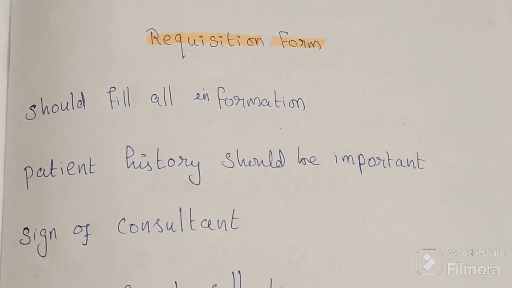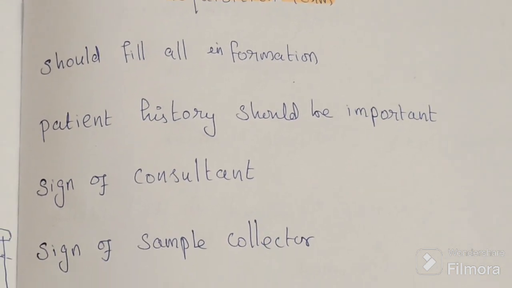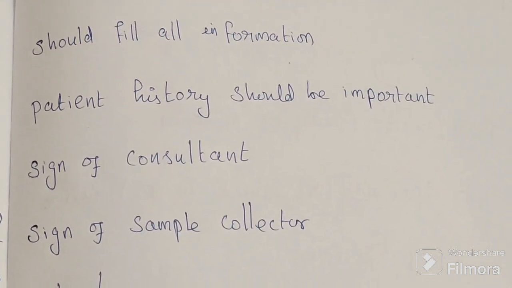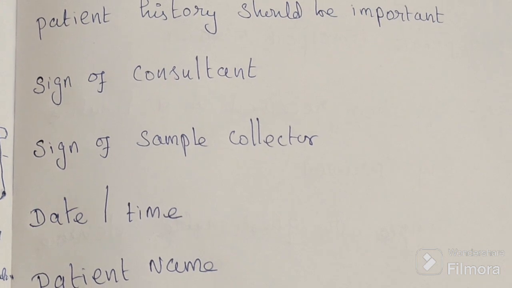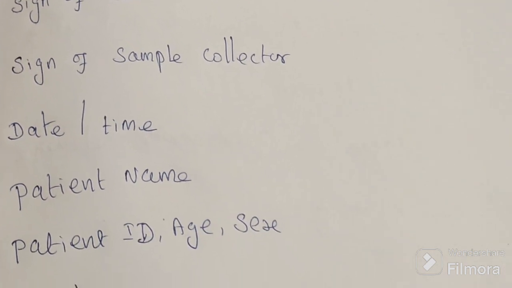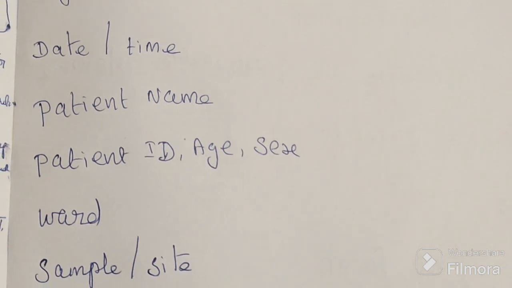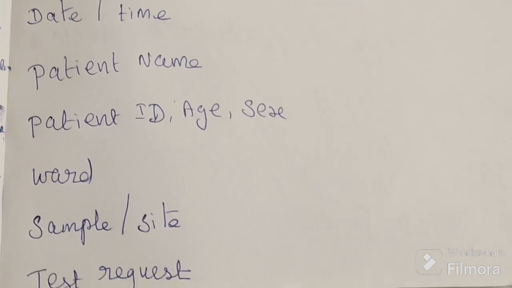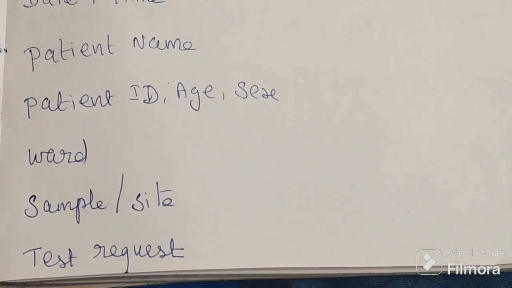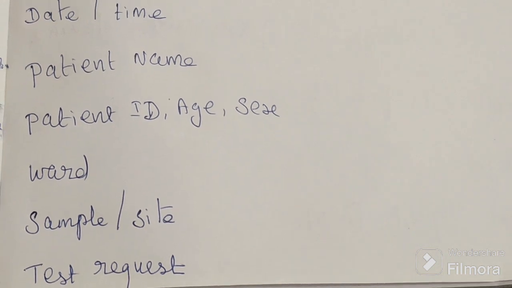Patient history should be included. Sign of consultant, then sign of sample collector, date, time, patient name, patient ID number, age and sex, ward and sample site, then test request, what type they will do.